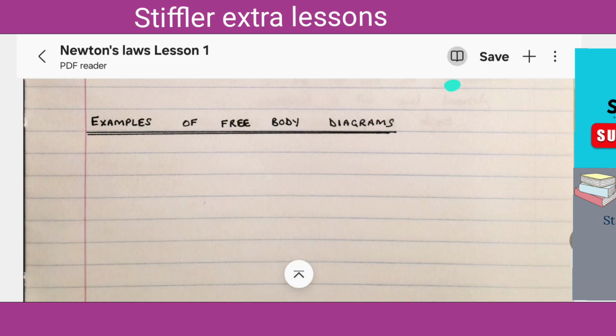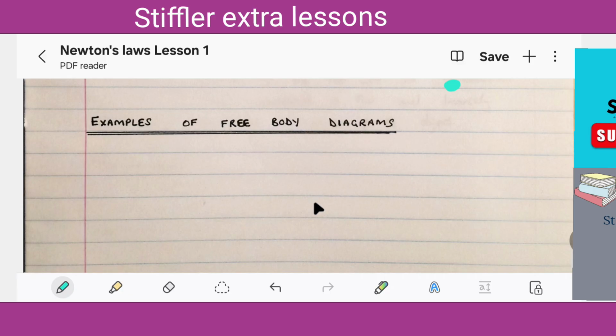For an example, I'll also show this. If we take the previous representation of the force diagram as a free body diagram, we have our F1 like that, showing the direction, and we have our F2 like that, also showing the direction, and we also have F3 like that.